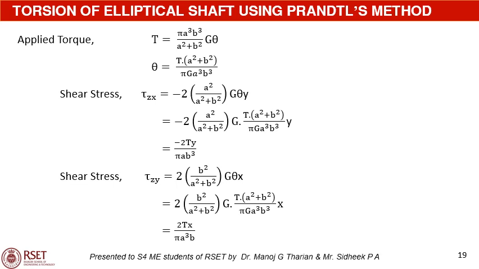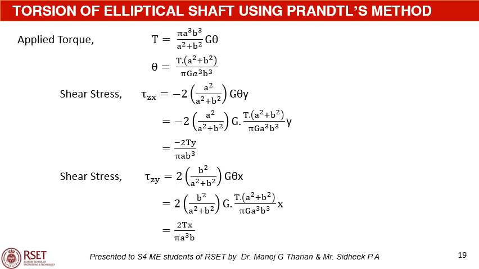Now we have already derived the expression for the stress components tau zx and tau zy. Consider the shear stress component tau zx = −2a²/(a² + b²) Gθ y. Substituting for theta, we get tau zx = −2a²/(a² + b²) G T (a² + b²)/(π G a³b³) y, which is equal to −2Ty/(πab³).